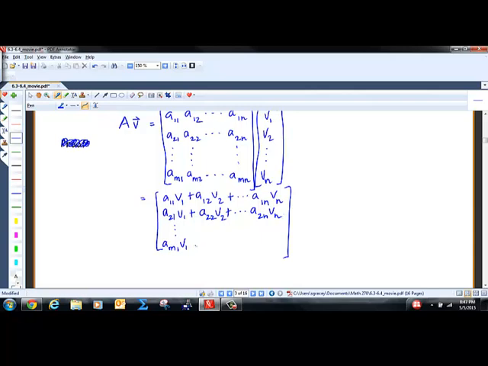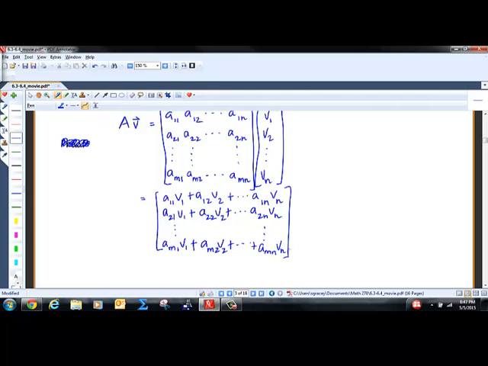And then it would go in this manner until we do one more: plus AM1 V1 plus AM2 V2 plus dot dot dot, and we would end up with plus AMN VN. Good so far?